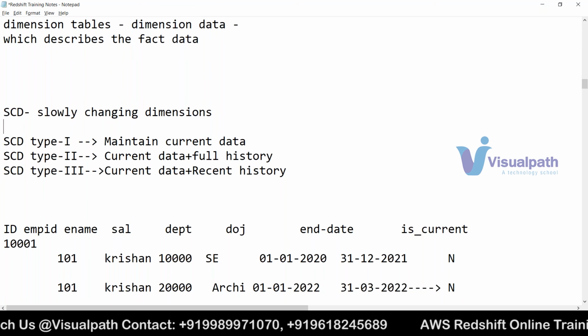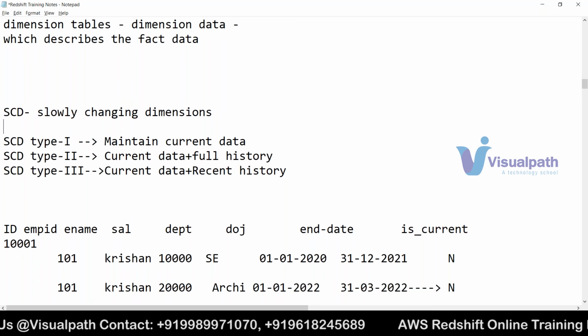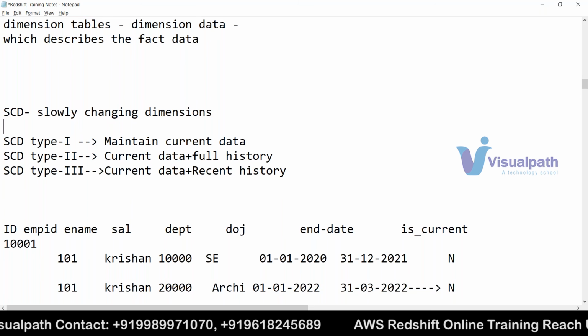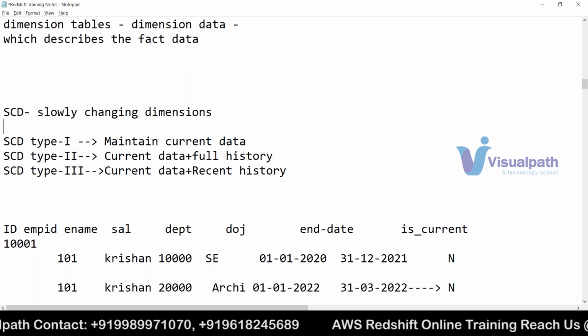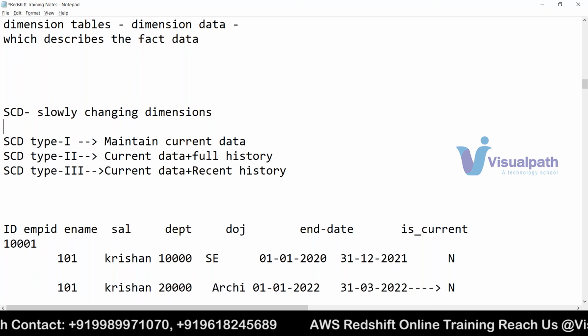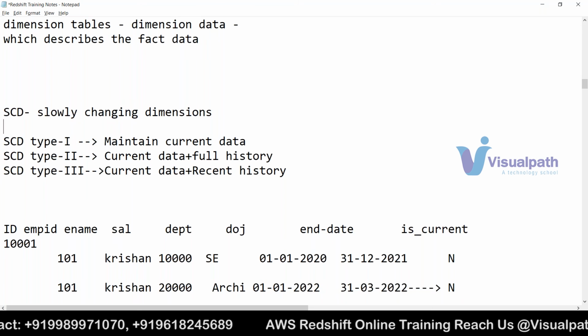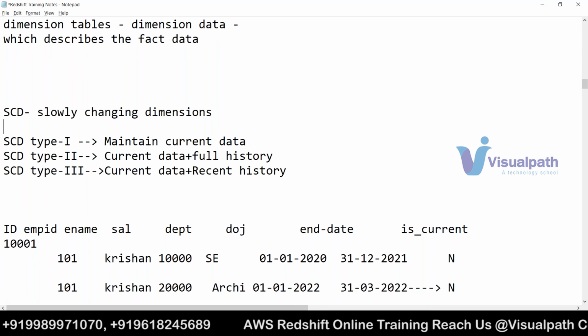They don't need people who were there in the last 10 years. They are given only current data because they need to answer current employee questions. That is SCD type 1.